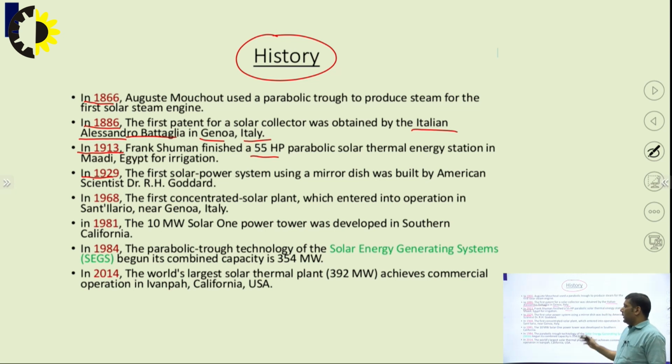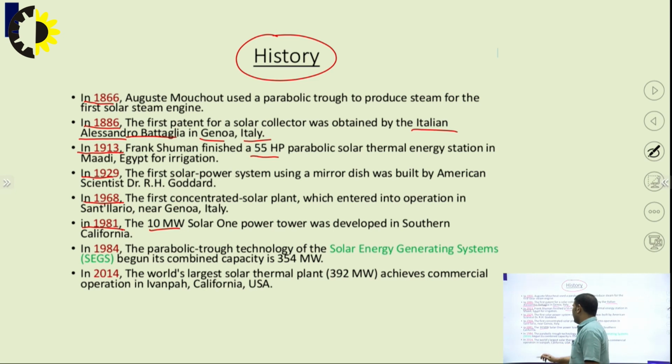Okay, and if you talk about the last 50 years, in 1968, the first concentrated solar power plant entered into operation in Sant'Ilario near Genoa, Italy, and in 1981, around 40 years before, the 10 megawatt Solar One power tower was developed in Southern California.